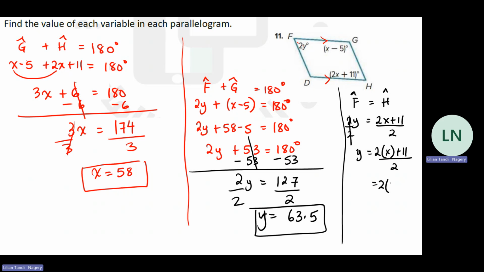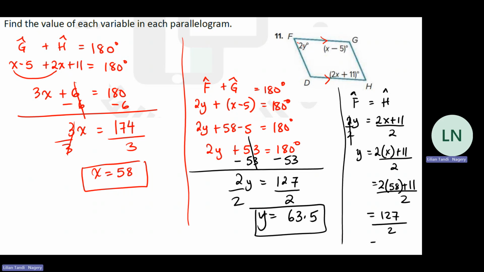And 2 times 58 plus 11 divided by 2. So 2 times 58 plus 11, yes, 127.